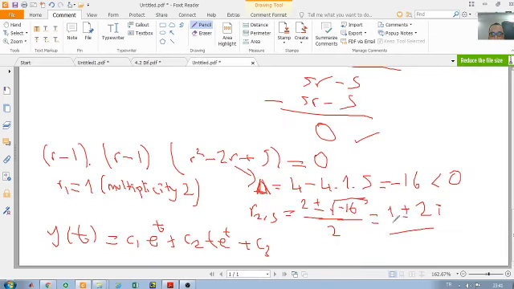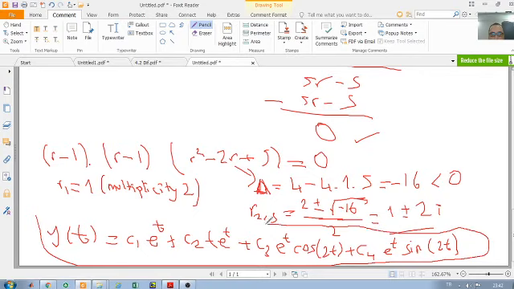So we write e to the power t cosine 2t plus c4 times e to the power t sine 2t. Okay, this is the general solution of this differential equation. That's it.